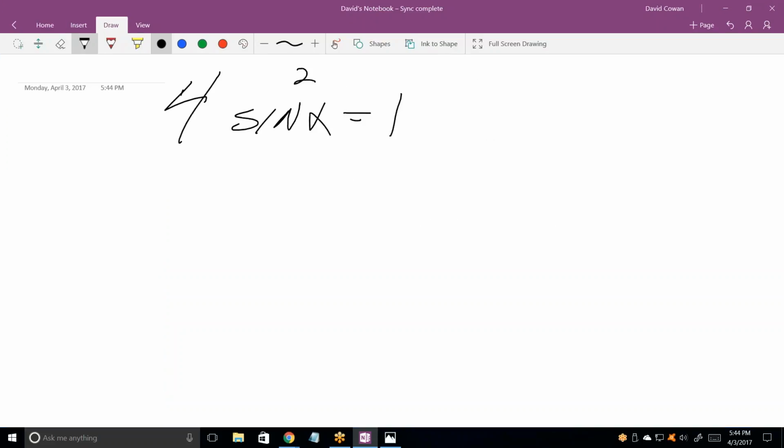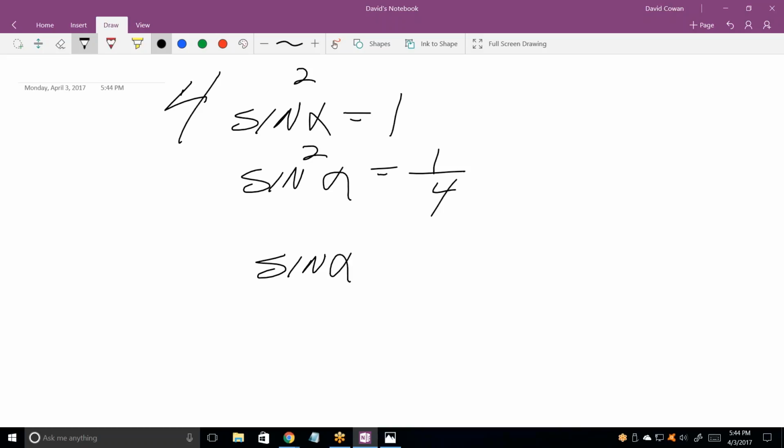All right, what's the first thing I want to do here? Divide the 4 out. Next thing, you square root both sides. So what's sine alpha equal to? Wouldn't that be 1/2?